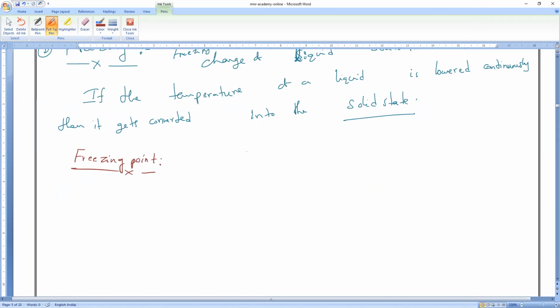So write the definition. The temperature at which liquid gets converted into solid.